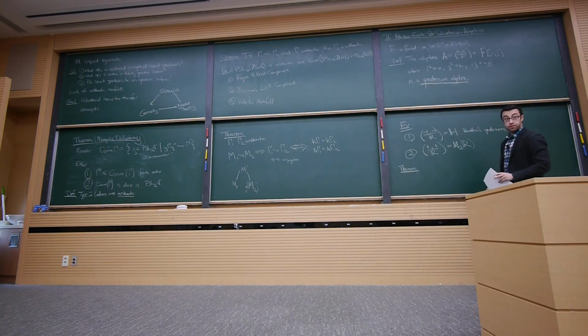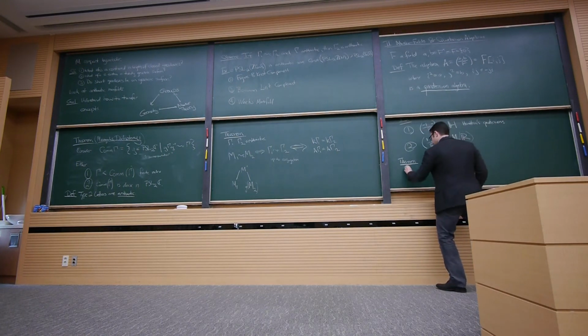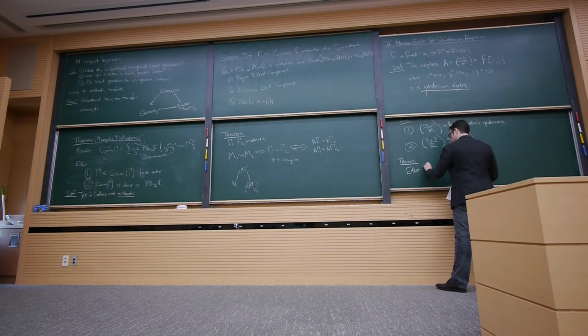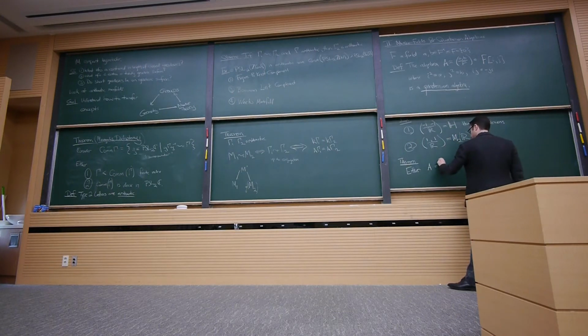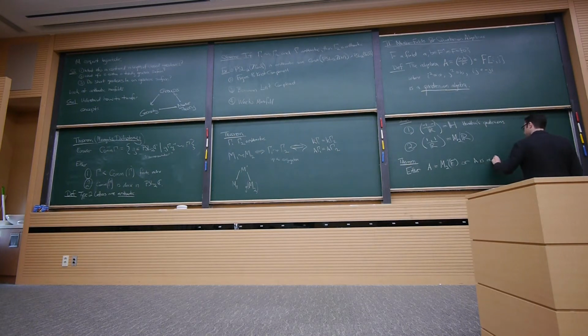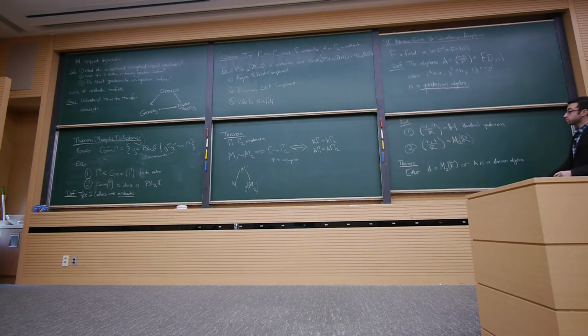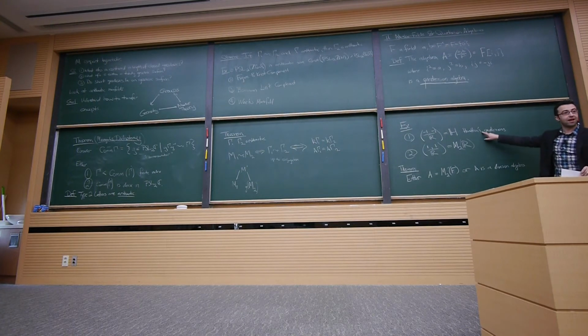Over any field, either A is equal to 2 by 2 matrices over F, or A is a division algebra. So that's the dichotomy here, and this is true in general for any field.